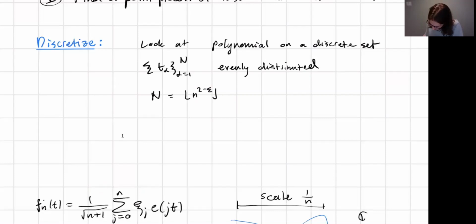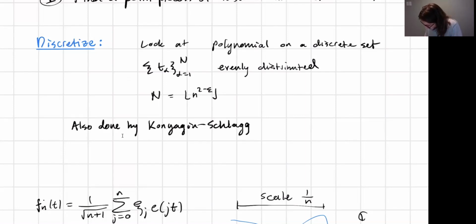Okay, so this was also done by Hoi Nguyen and Schlag in their work on the lower tail. They similarly chose a net of about this many points. And then they do a careful union bound. So at any fixed point on the circle, you get some upper bound for the probability that the polynomial is small there.